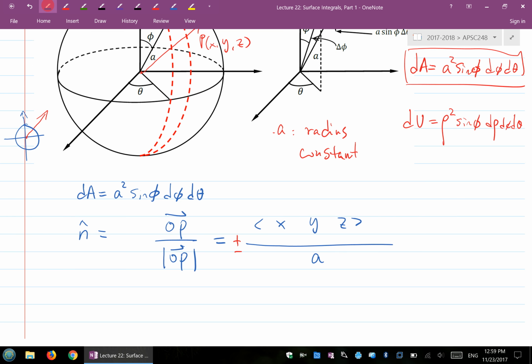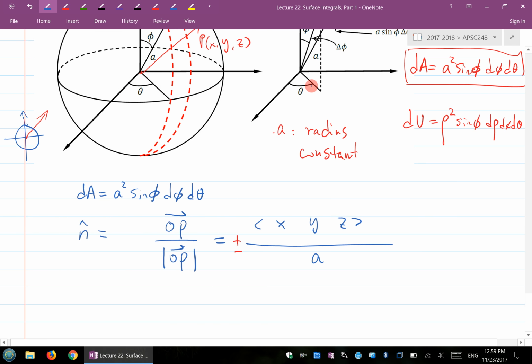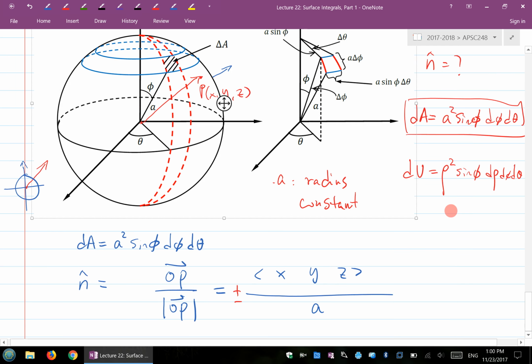Okay. Now you see the way we have dA and n hat, it's not very consistent, right? Because dA is in which set of variables? It's in spherical, but then the n hat is still in Cartesian coordinates, right? Yeah. So we want it to be consistent. Consistent basically means all in the same variables.